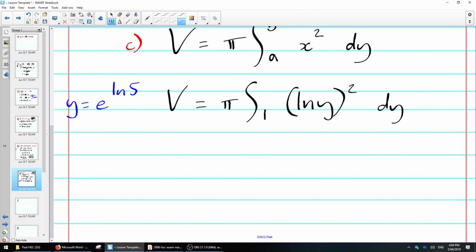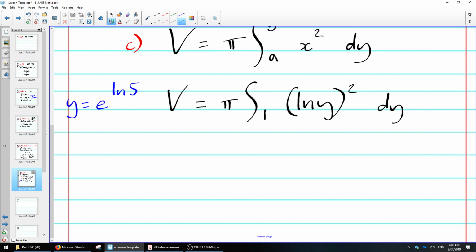Does everyone see why I'm making x equal ln 5? Alright, so looking at that line. Yeah, I don't get what you mean. So looking at the line, it's being bound at x equals ln 5. It says that in the question, it says that in the diagram. So x equals ln 5.